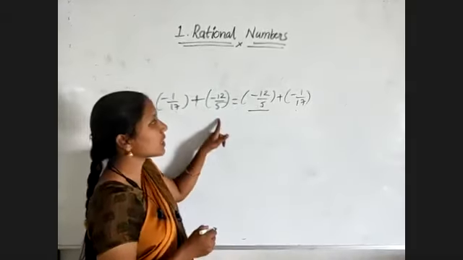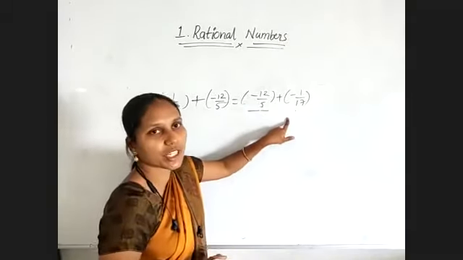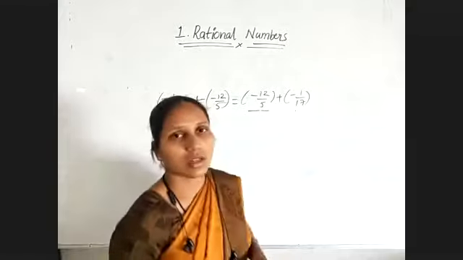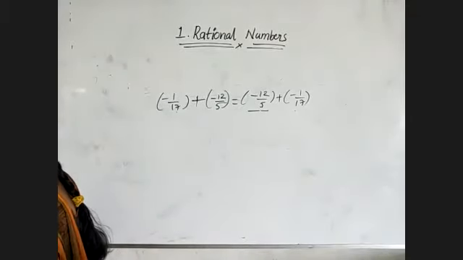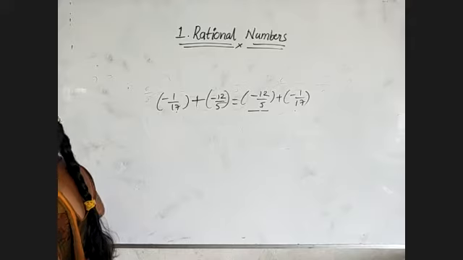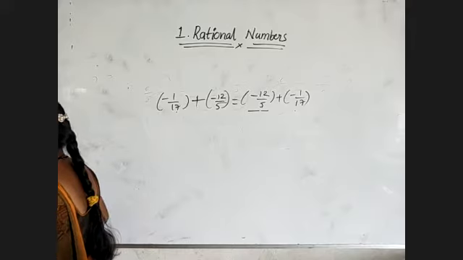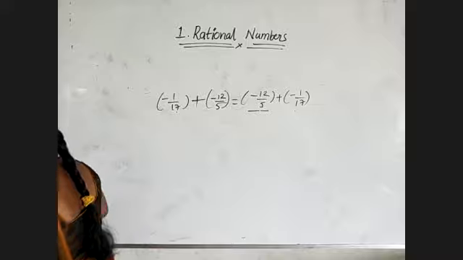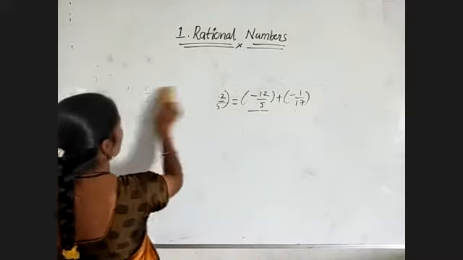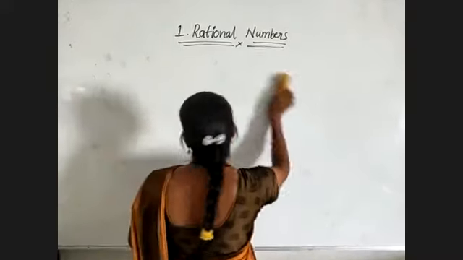Commutative. A plus B is equal to B plus A. Commutative property over addition. So like this, some of the different questions I am going to explain for you.